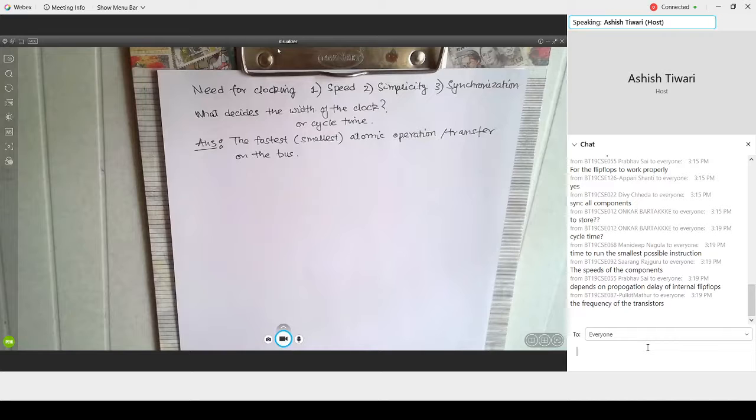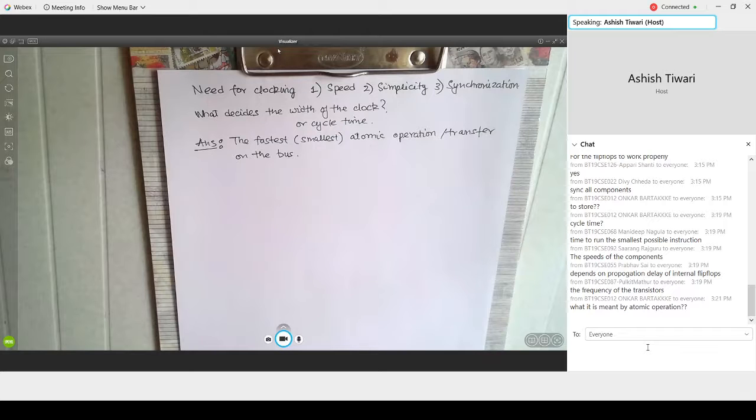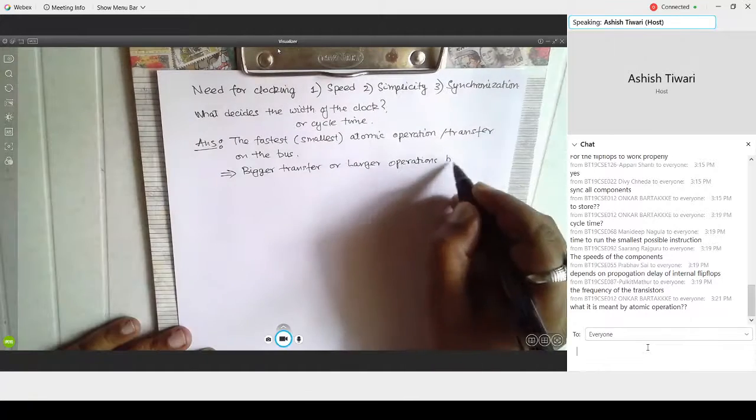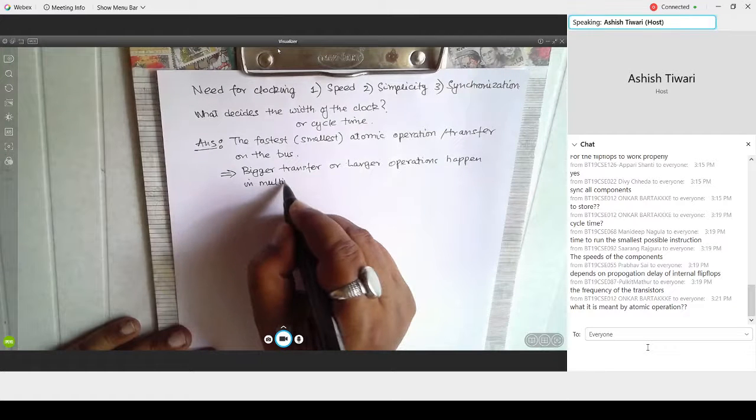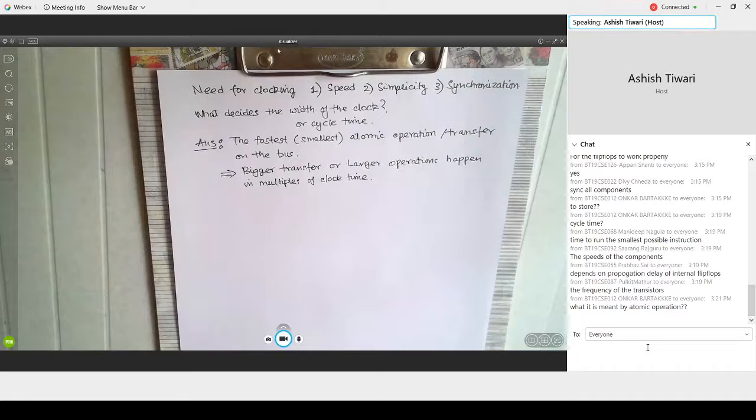Then the bus is supposed to be in which bigger transfers or larger operations happen in multiples of clock time. Does it make sense?